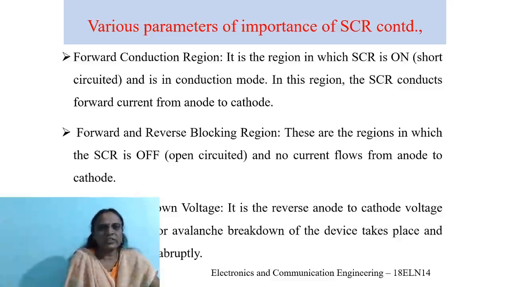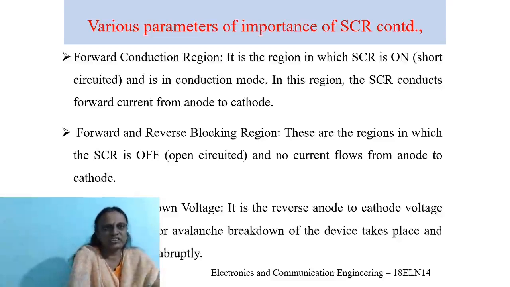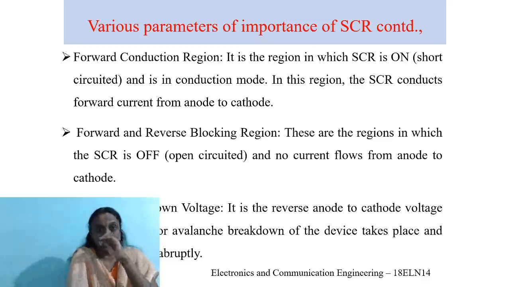Another important parameter is the forward conduction region. It is a region in which the SCR is on. If the SCR is on, it is a closed switch in the conduction mode, and in this region the SCR conducts forward current from anode to cathode.